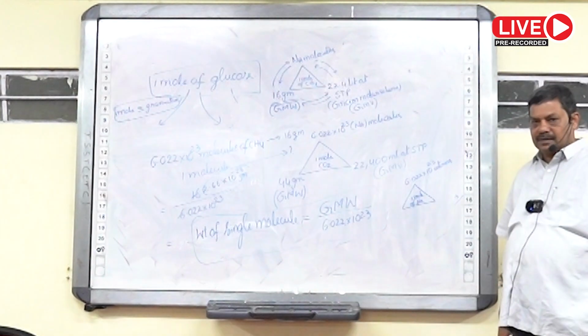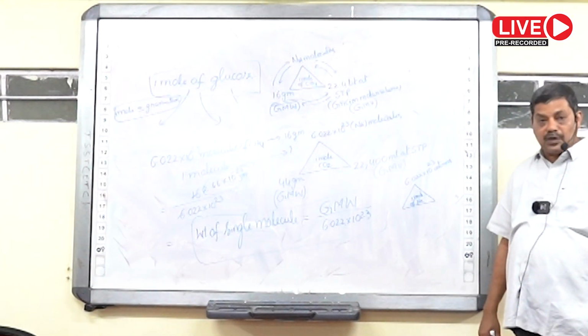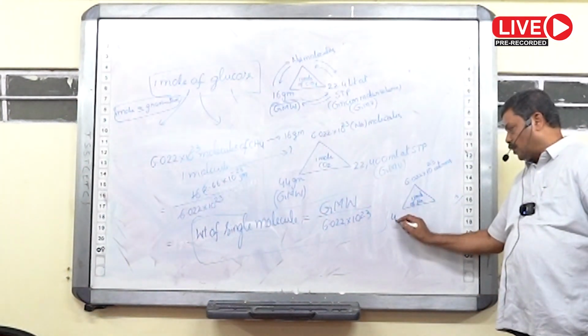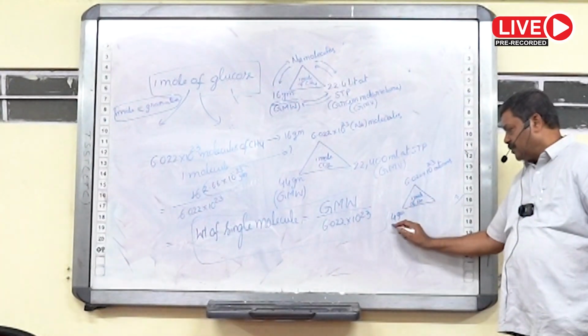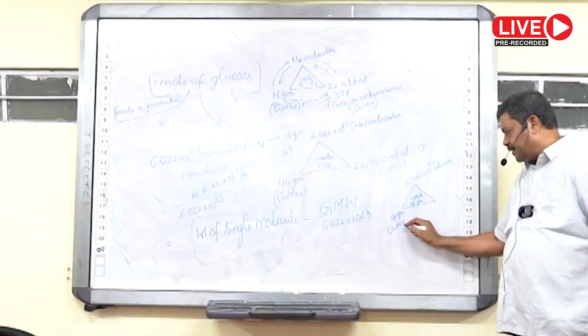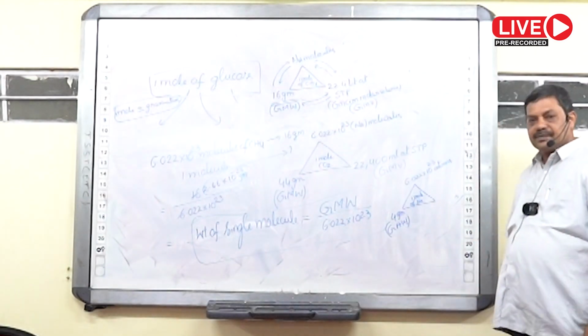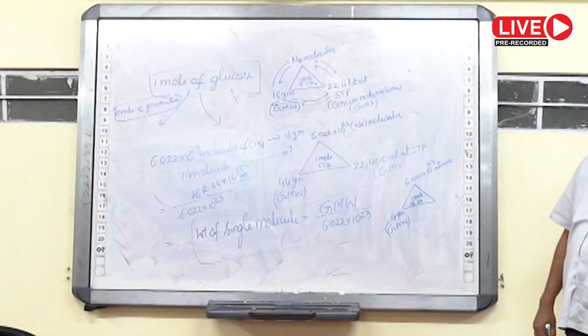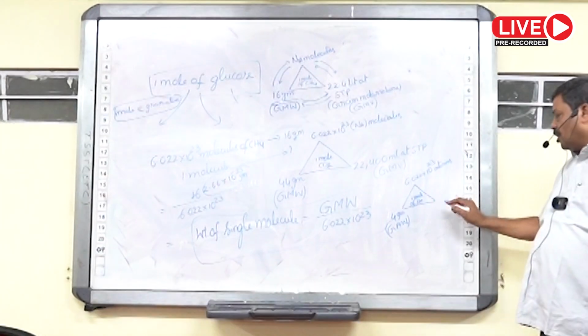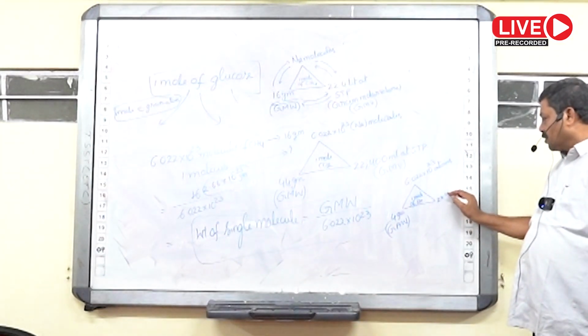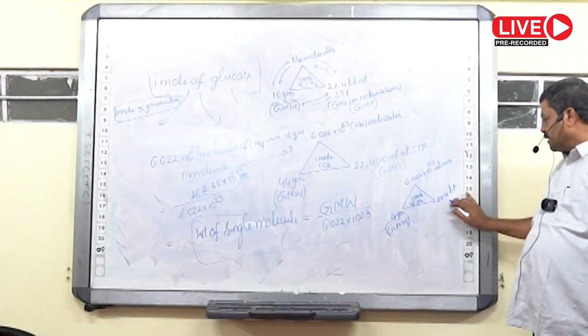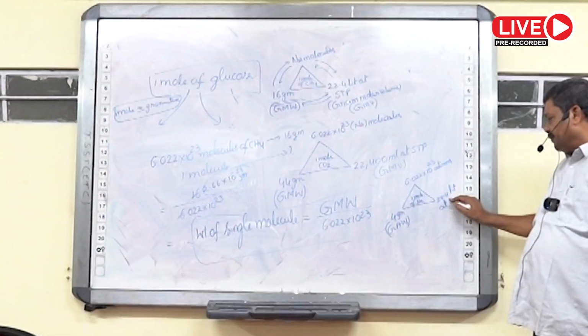One corner, its atomic weight is 4. In grams, 4 grams, which is called the gram atomic weight. Helium is also a gas. How much does it occupy? 22.4 liters at STP.